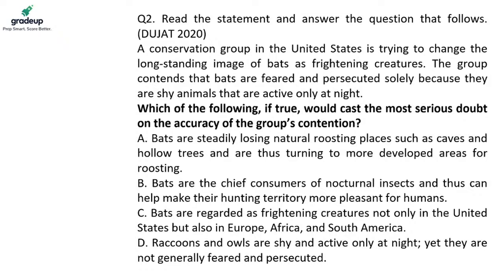What we need to do is say that what the group contends could be wrong because of one of the sentences given below. Because it says, if one of the options given below is true, it will make the contention of the group false.